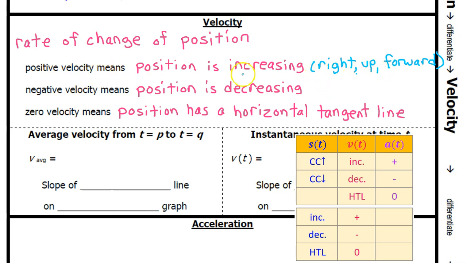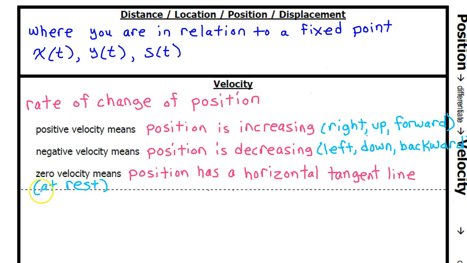Positive velocity means the particle or object is moving to the right, or up, or forward. A negative velocity means the object is moving left, or down, or backwards. Zero velocity means the particle or object is at rest.